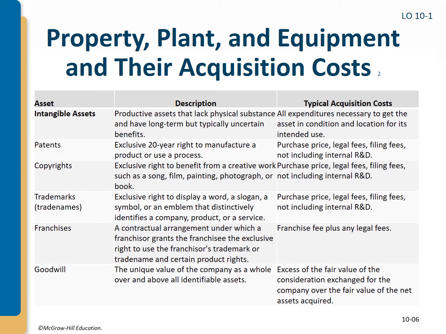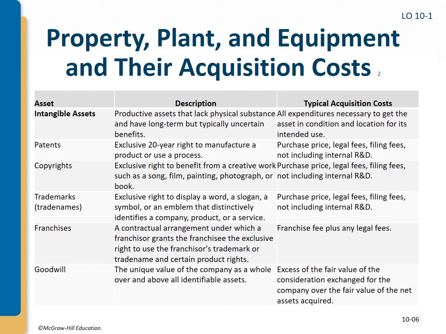Franchises. It's a contractual arrangement under which a franchisor, so another company, grants the franchisee, the person who buys the franchise, the exclusive right to use the franchisor's trademark, trade name, and product rights. McDonald's, Burger King, Kentucky Fried Chicken, Dunkin' Donuts, and the list goes on. Many of these companies locally, like McDonald's for instance, I think McDonald's Corporation only owns like 3 of the actual McDonald's restaurants. I might be wrong there, but it's a very low number.